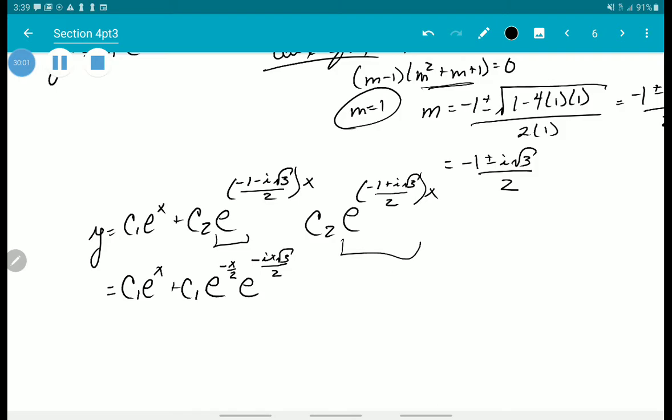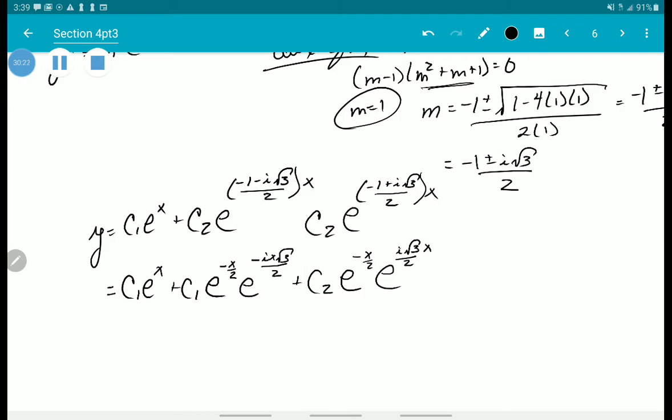I'm separating that real and that imaginary component there. I'm going to do the same thing with the other one. This is e to the negative x over 2 times e to the i square root of 3 over 2x.